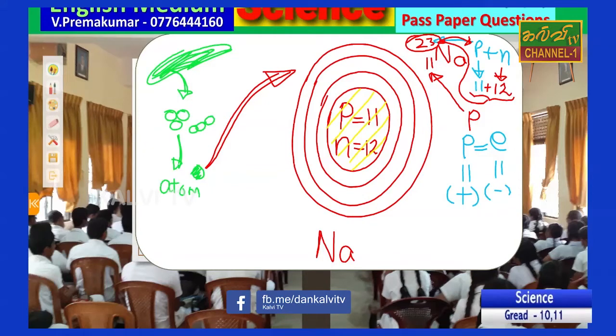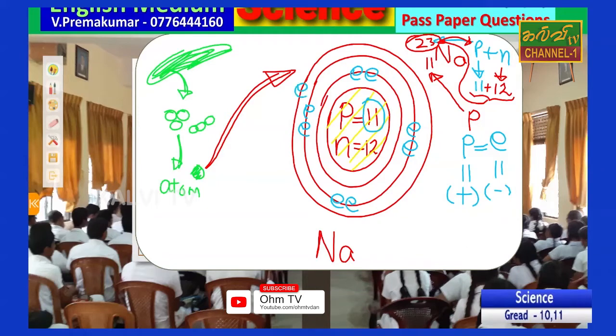The positive charges always stay in the nucleus. These are the positive charges. Equal to that, the negative charges, the electrons, we find on the outside, that means in the orbits. It has various energy levels.